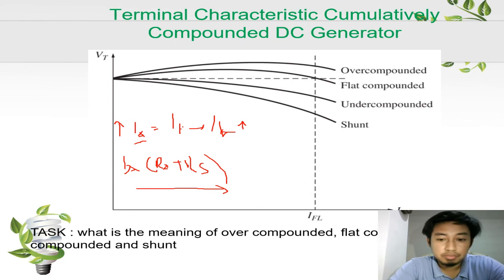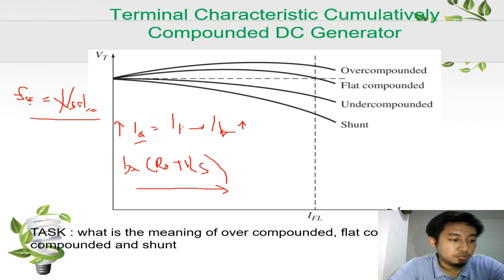As IA increases, the series field magnetomotive force FSE, equal to NSE times IA, increases. So the magnetomotive force will be increased, and the total magnetomotive force F total increases.